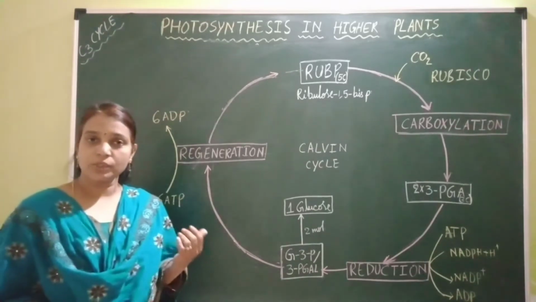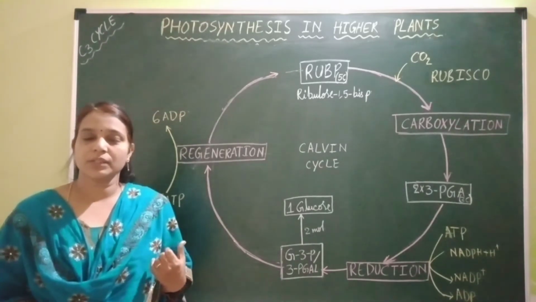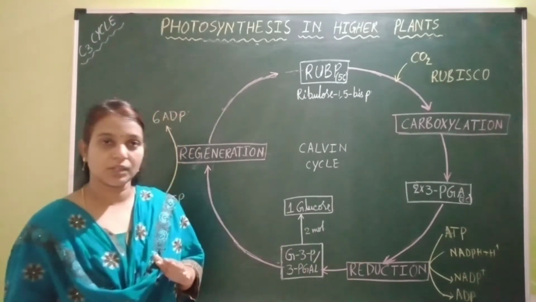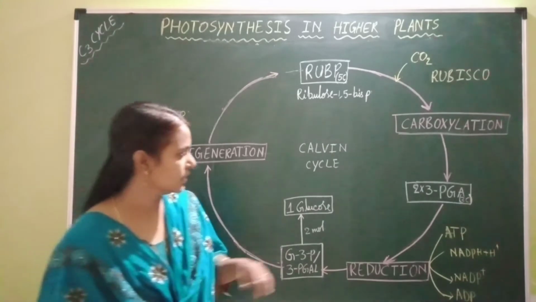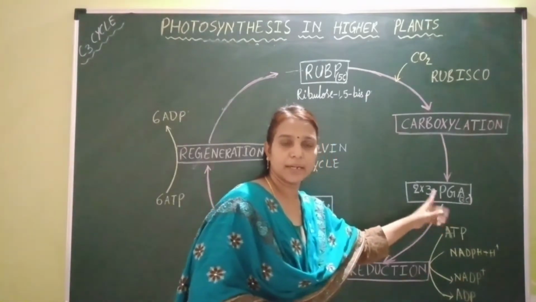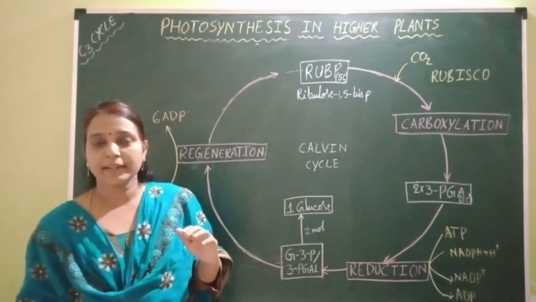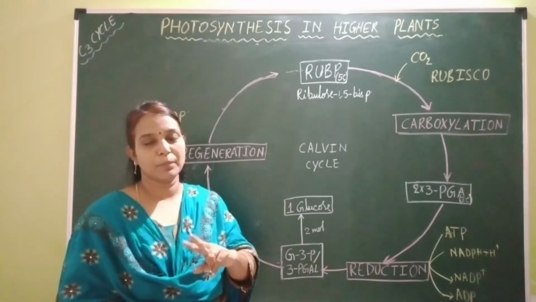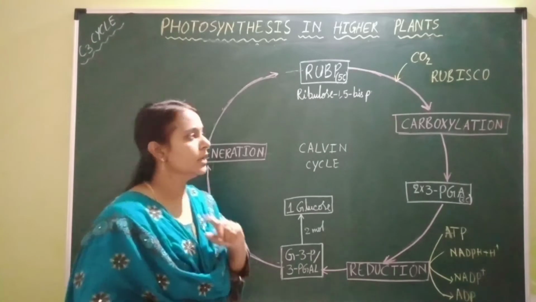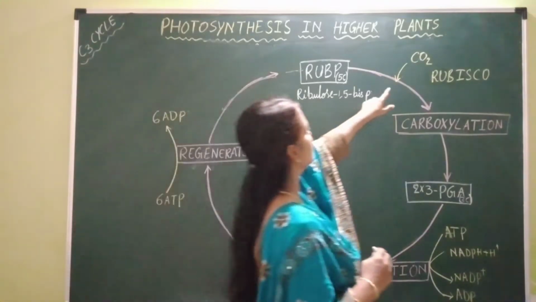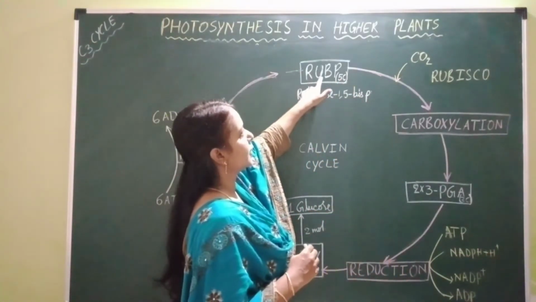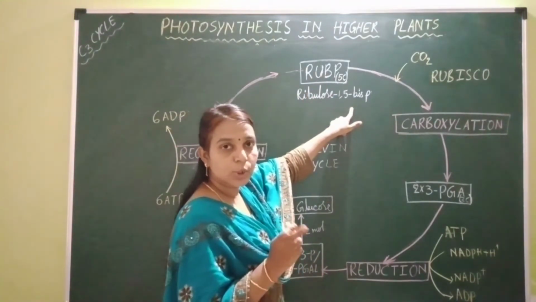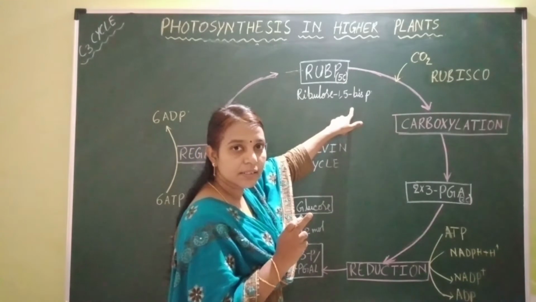Earlier it was thought that carbon dioxide is fixed into a 2-carbon compound, and hence the first carboxylation product is a 3-carbon compound, that is 3-PGA. But now scientists found that carbon dioxide is fixed into a 5-carbon compound, not a 2-carbon compound. That is RuBP, which is ribulose 1,5-bisphosphate. It consists of a ketone group, hence it is a ketone sugar.